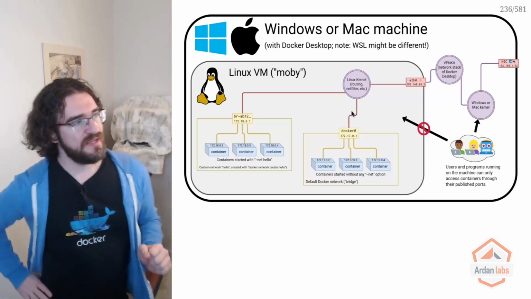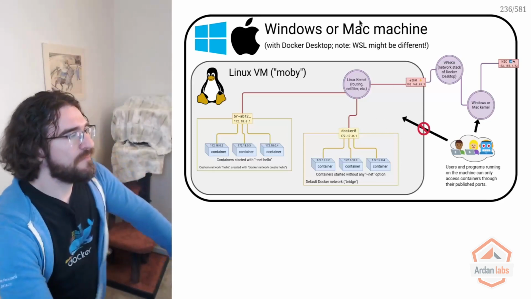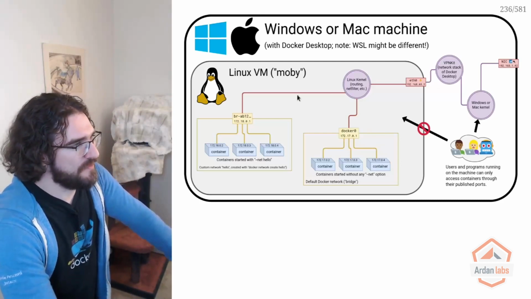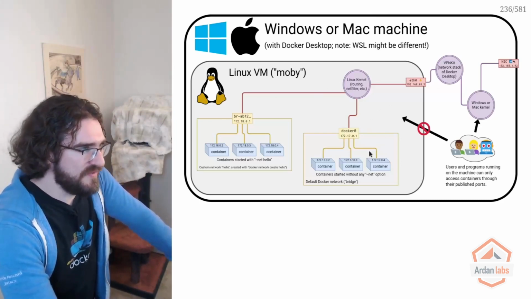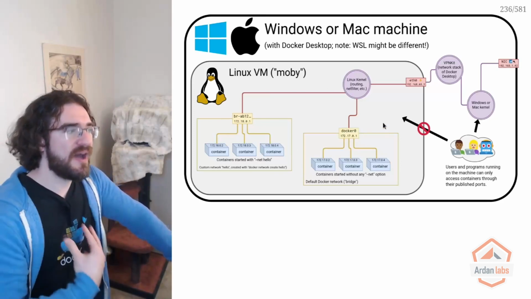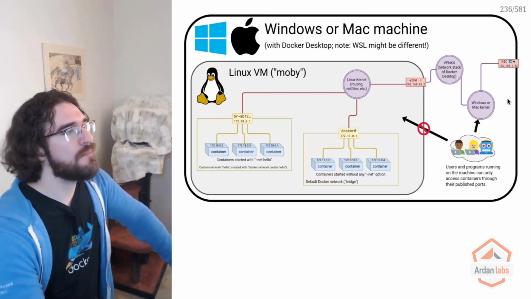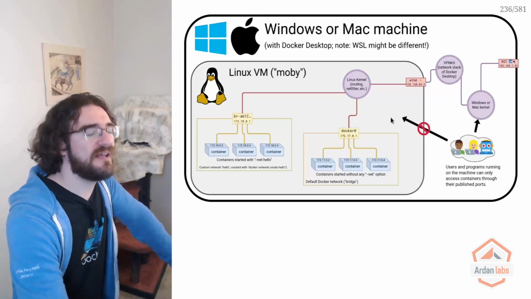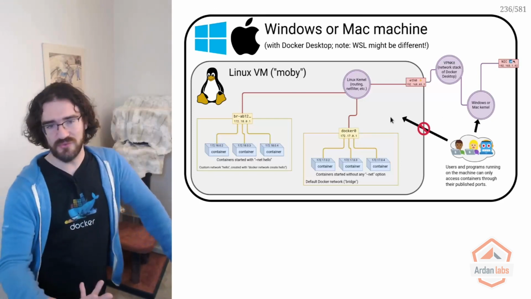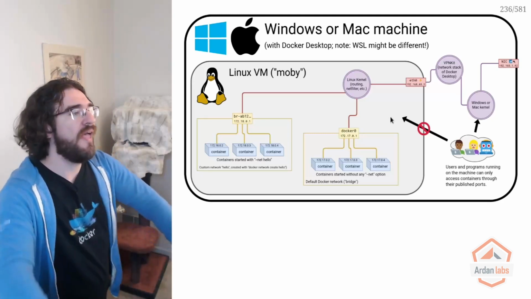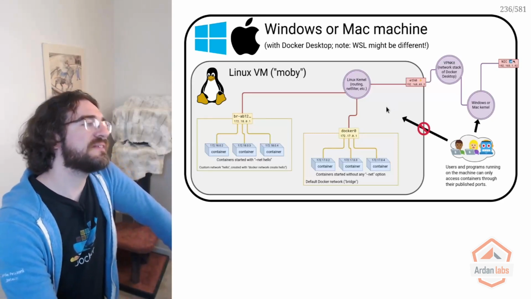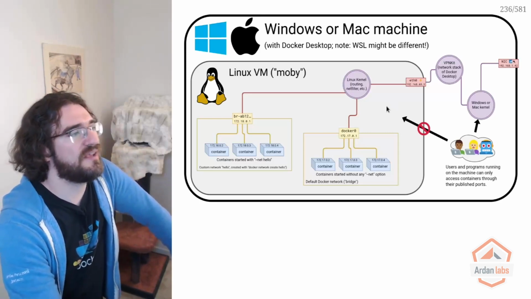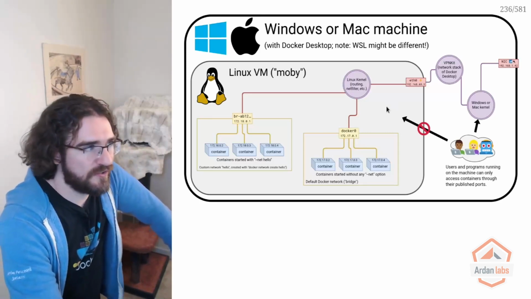So what that means is that if I'm on Windows or on a Mac, the containers are in this VM, and I am outside of the VM because I'm on my Mac or Windows machine. I am not inside the VM. Of course, I have access to the VM because it's running right there, but I am not inside that VM, which means that I cannot connect directly to these containers.